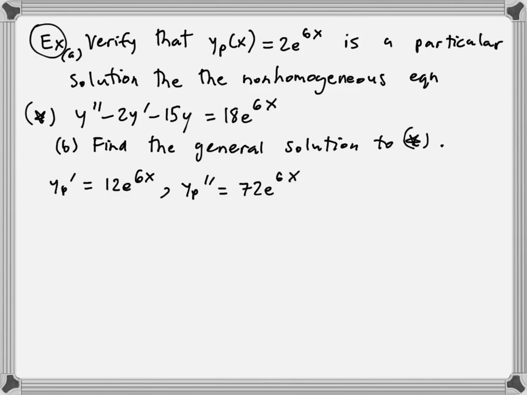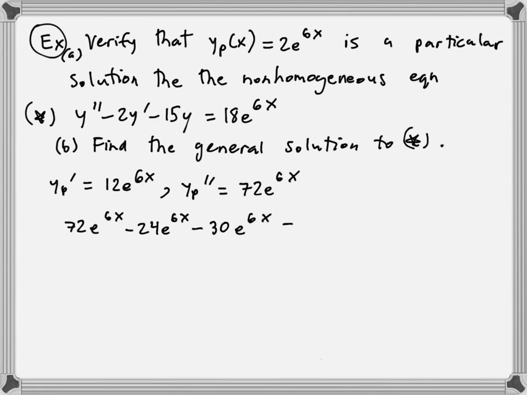And so let's plug it in. We end up with 72e to the 6x minus 2y prime, so I'm just going to multiply it by 2. I get 24e to the 6x minus 15 times y, but y has 2 in there, so minus 30e to the 6x.